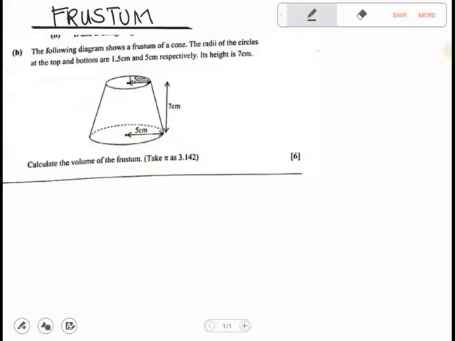Now, to find the volume of a frustum, I have to take you back to a cone. You know what a cone is, right? So we are going to do some form of extension to this already drawn cone.